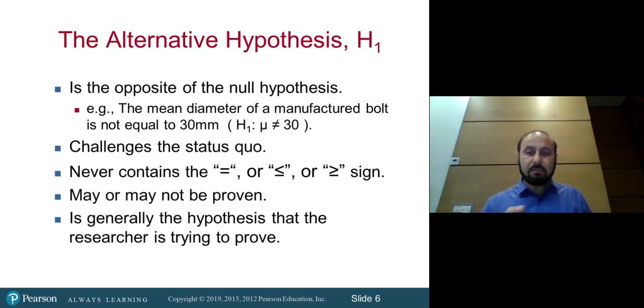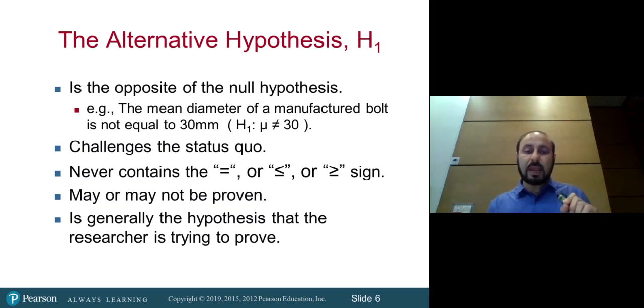Remember that the alternative of the null hypothesis is called alternative hypothesis. This is denoted with H1 or H2 if you have more than one hypothesis. So this is just the opposite of null hypothesis. In our earlier example, when you said the mean diameter of a manufactured bolt is 30 mm, just make a reverse and you will write the mean diameter of a manufactured bolt is not equal to 30 mm. And you will need to write H1 mu is not equal to 30.